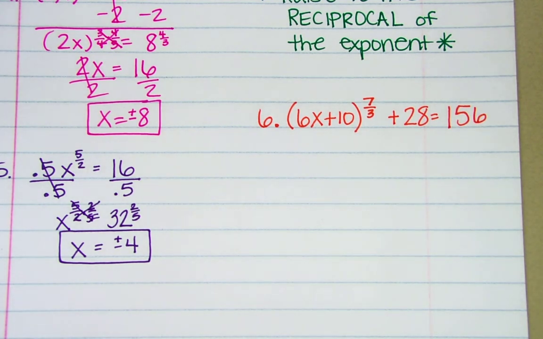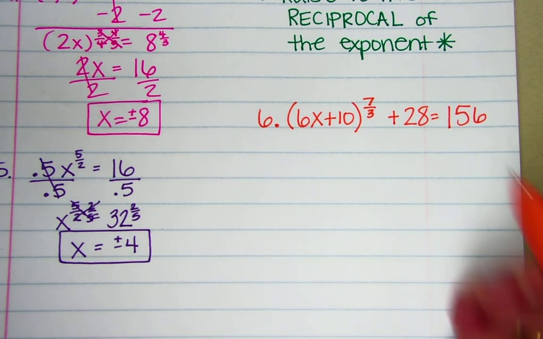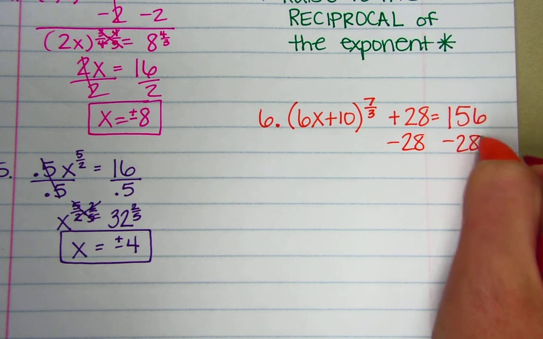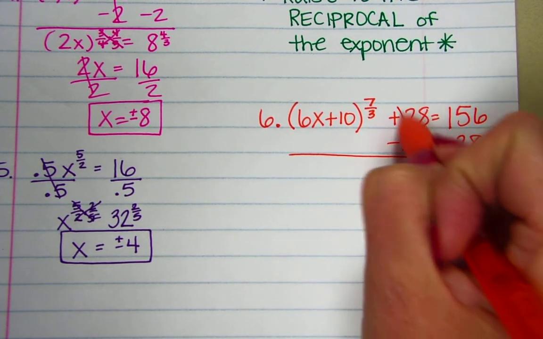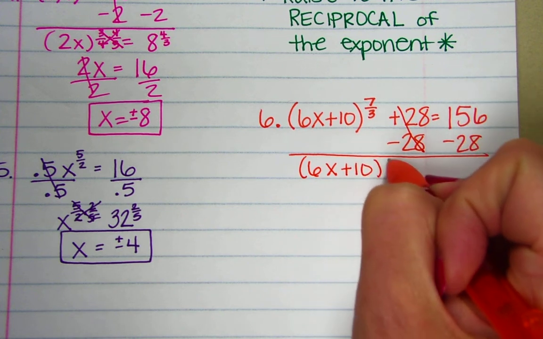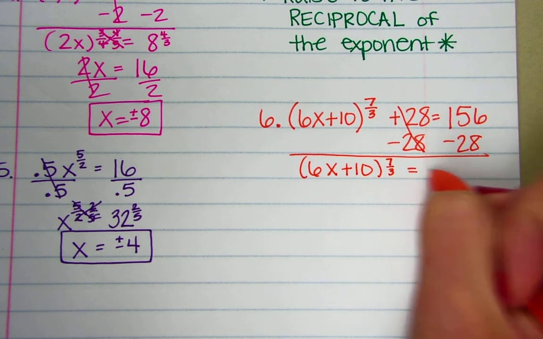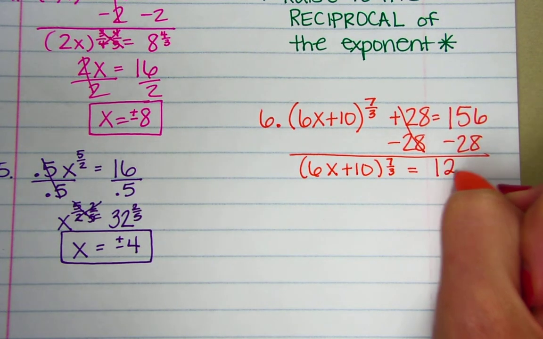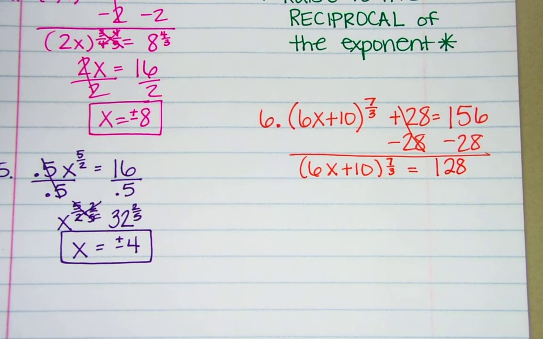All right, I want y'all to walk me through what to do. Subtract the 28. That sounds good to me. It's outside the parentheses, so I would do that first. 128. Then what? Subtract 10?